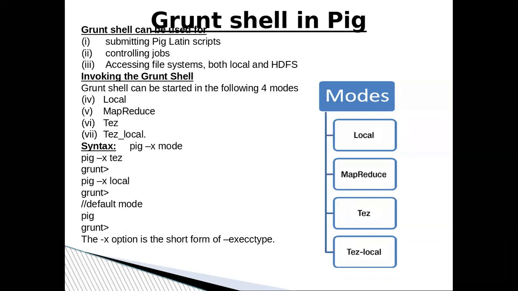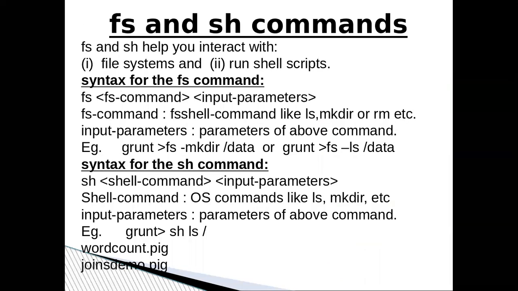So remember this, that the grunt shell can be started in 4 modes: local, MapReduce, Tez and Tez_local. Then there are the fs and sh commands. Grunt shell has its own set of commands. While you are in grunt shell, if you need to work with your distributed file system commands, you can begin the command with fs.